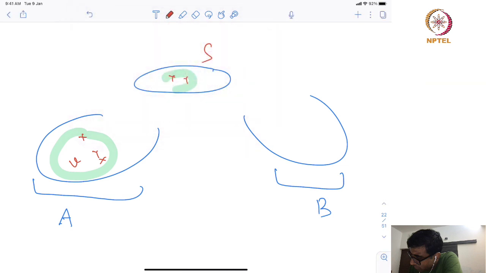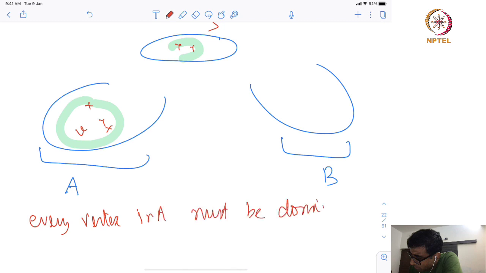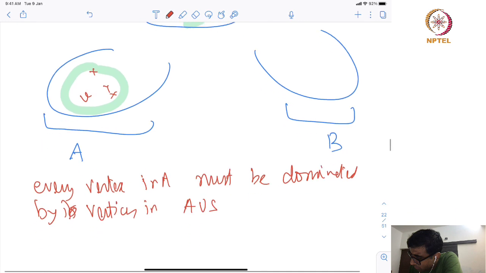So every vertex which is in A, what information can we get? Every vertex in A must be dominated by vertices in A union S. Why?